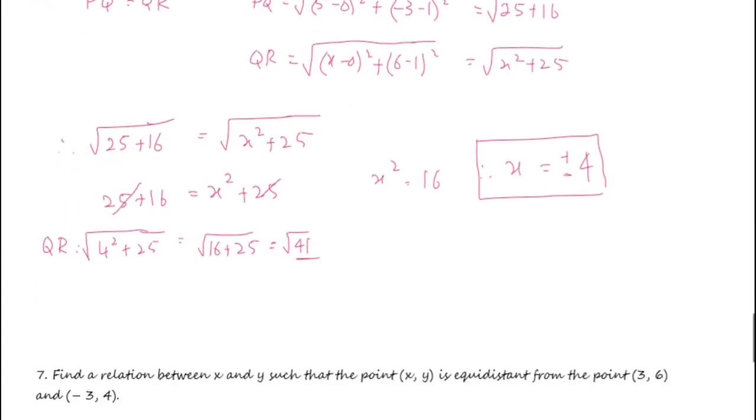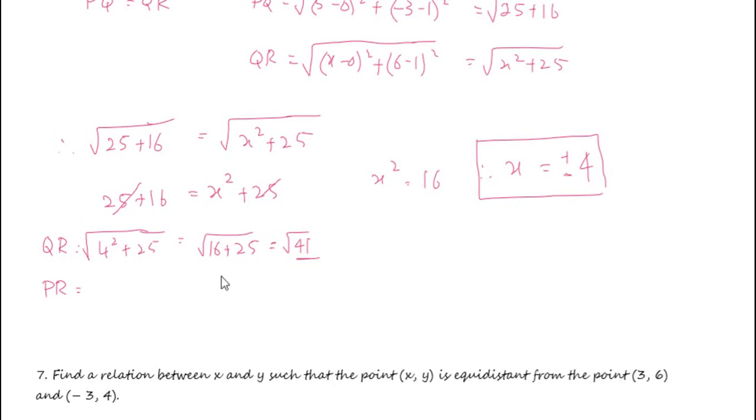Now PR will have two values because x has two values here. Earlier in this case it didn't matter because it was just x square, so whether it is plus or minus it is going to be 16, but here it is not so.